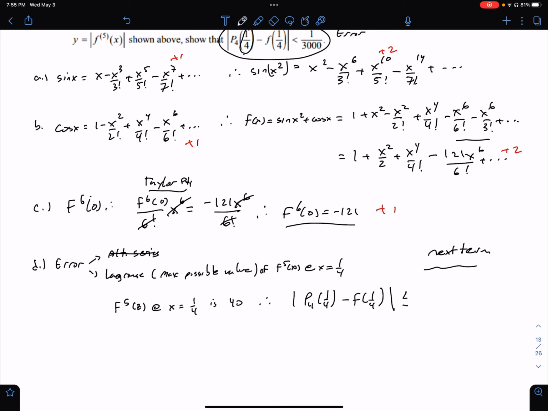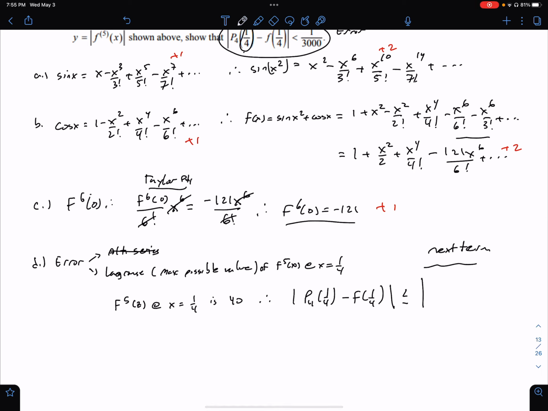So our Taylor term is going to be 40 over 5 factorial for the fifth derivative times x to the fifth, which is 1/4 to the fifth. You don't have to simplify that, which is less than 1 over 3,000 by the Lagrange error bound.